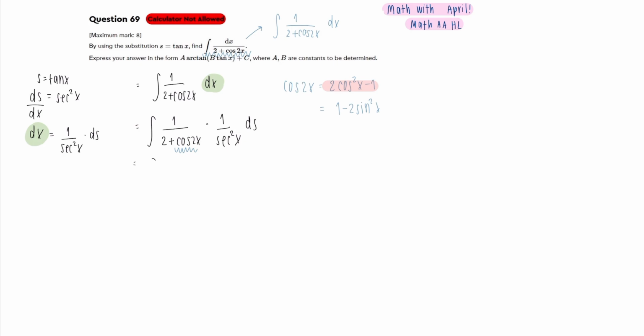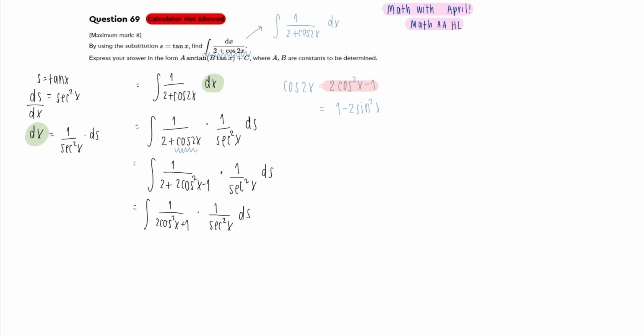So as we substitute, it becomes 1 over 2 plus 2 cos square x minus 1, times 1 over sec square x ds. So this will be equal to 1 over 2 cos square x plus 1 times 1 over sec square x ds. What we can see from here is we're kind of stuck, right?